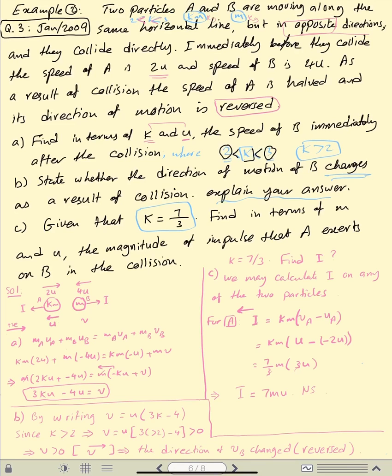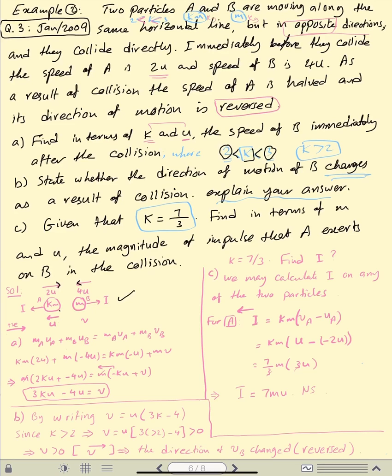Before we start, as we said in the first question, draw the diagram, the information, draw the motion. So, this is particle A with the speed 2u, opposing particle B with the speed 4u.